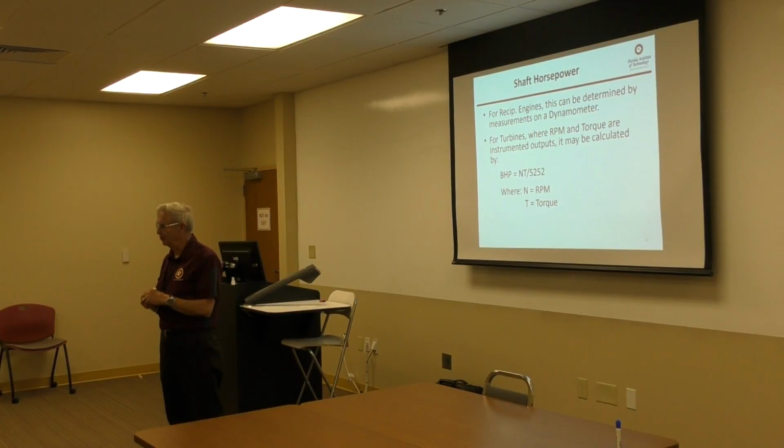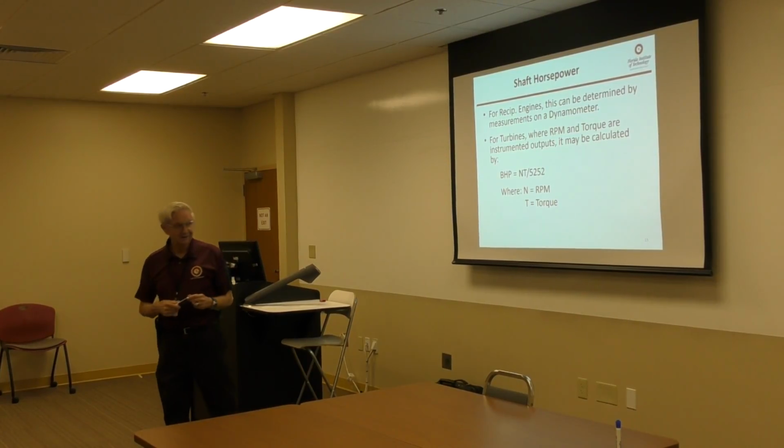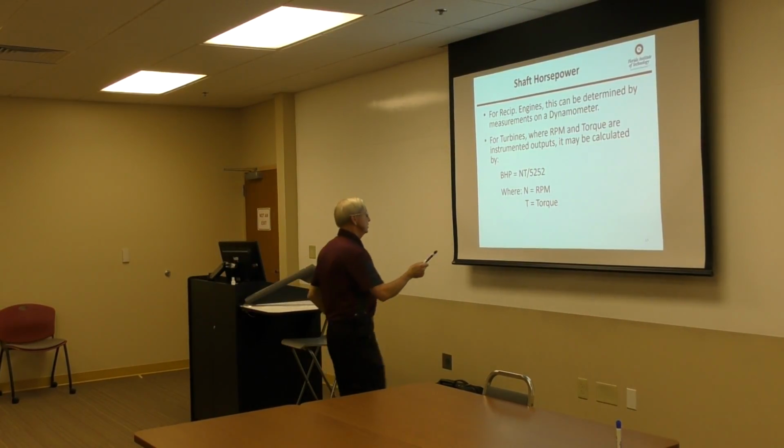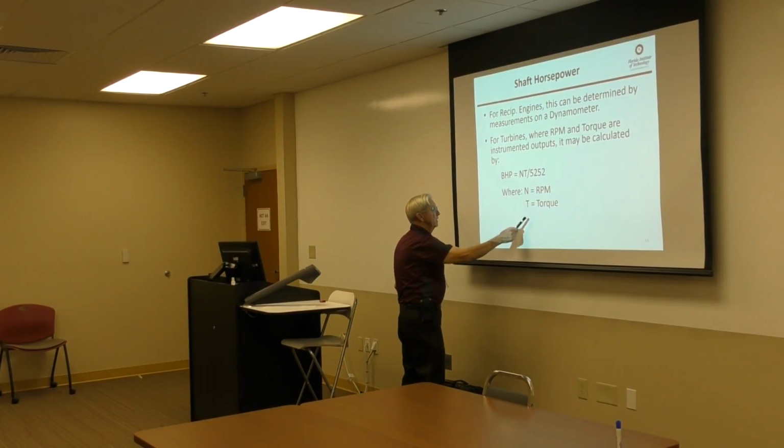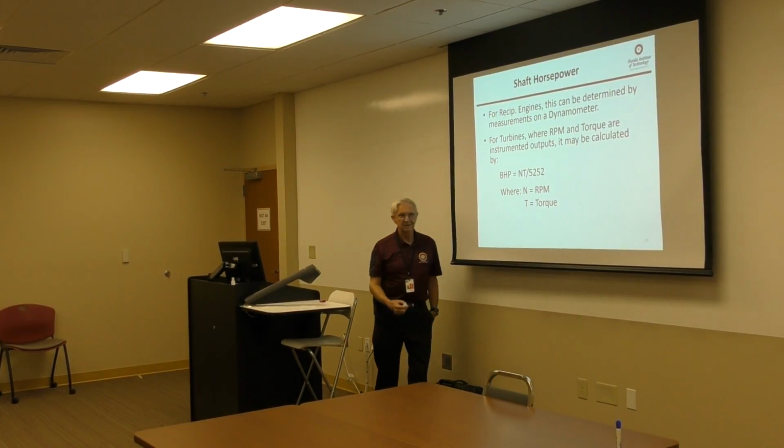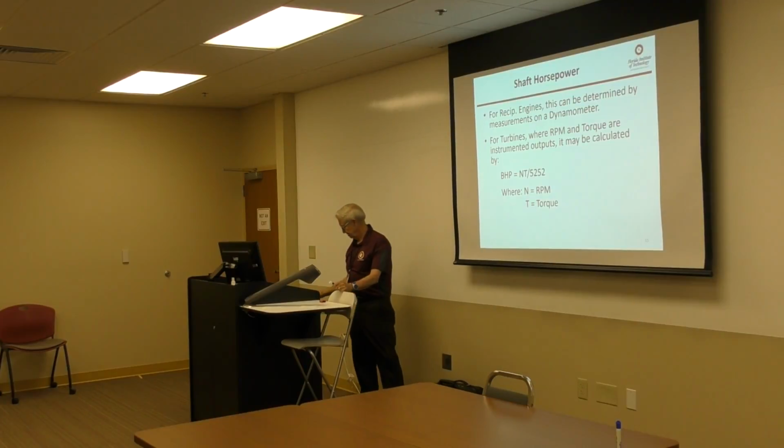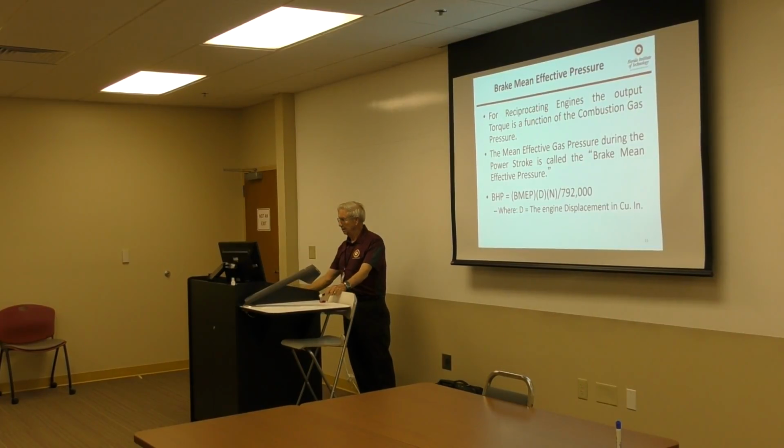You've got pretty much a direct readout in the cockpit, if you do this equation. That's RPM and that's torque. Well, on reciprocating engines, the output torque is a function of the combustion gas pressure.